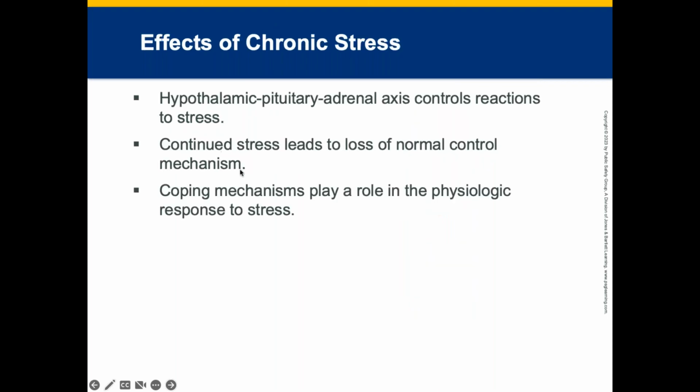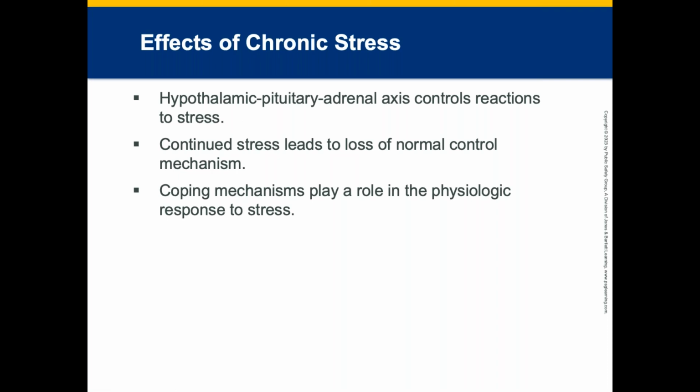And to finish up, the effects of chronic stress. As you can see here, the hypothalamic pituitary adrenal axis controls reactions to that stress. So continued stress leads to the loss of normal control mechanisms of the hypothalamic pituitary adrenal axis.